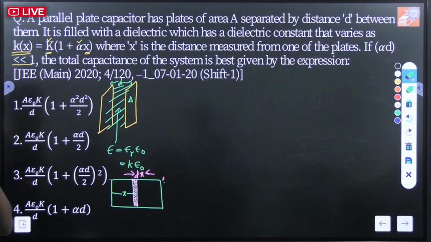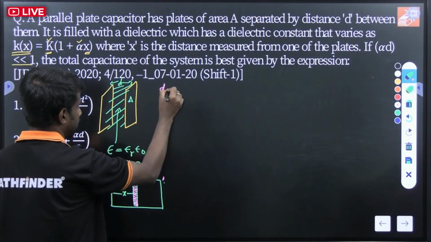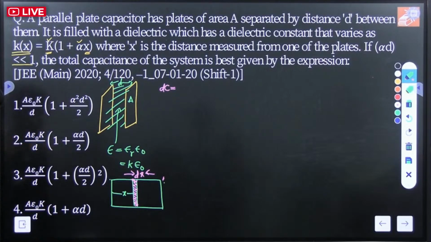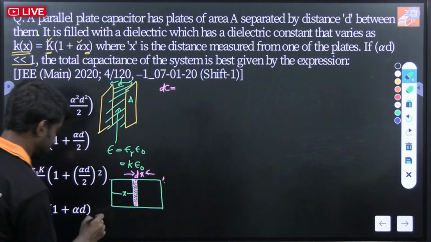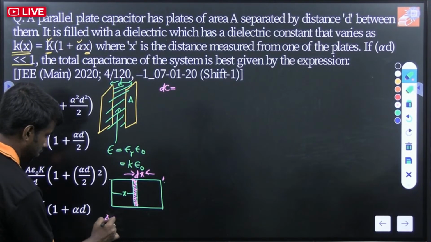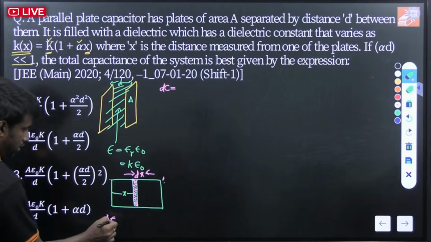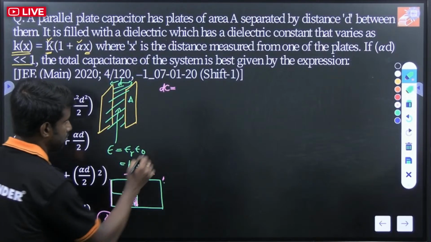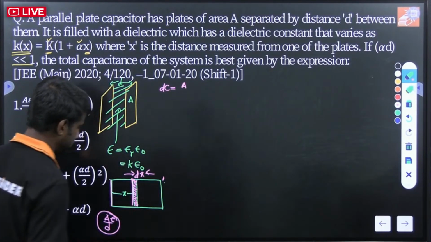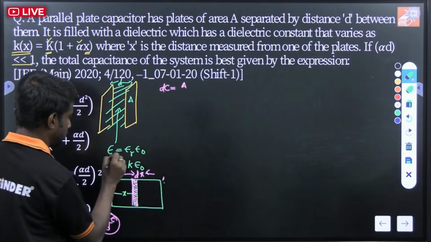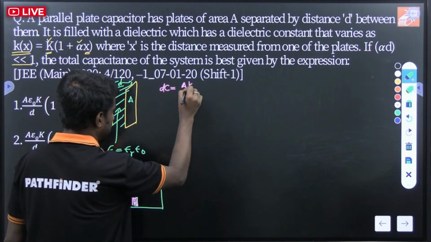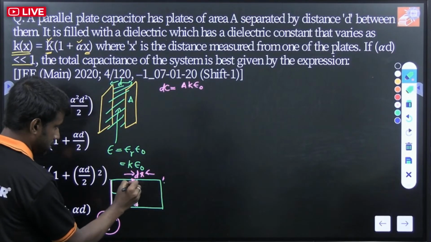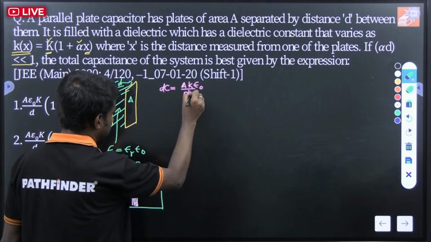This part's capacitance will be dC equal to A epsilon by d, which we know for parallel plate capacitors. A is the same, since the plate area is the same, and epsilon becomes K epsilon naught, and the distance d becomes dx.